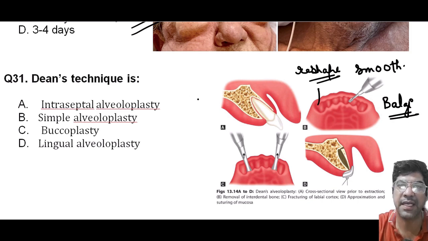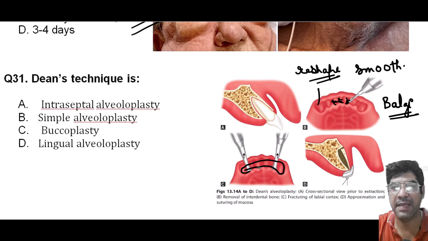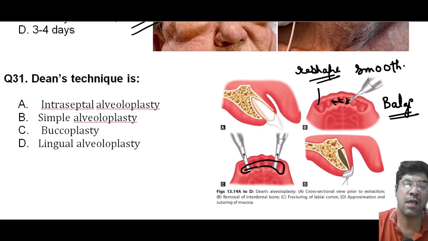In Dean's technique, the focus is on removing bone from the septum, that is the bony partition between the adjacent tooth sockets, which will create a uniform ridge. The bone is eliminated, contoured, and checked for any irregularity, sharp edges or any undercut that can hinder the placement of the denture.